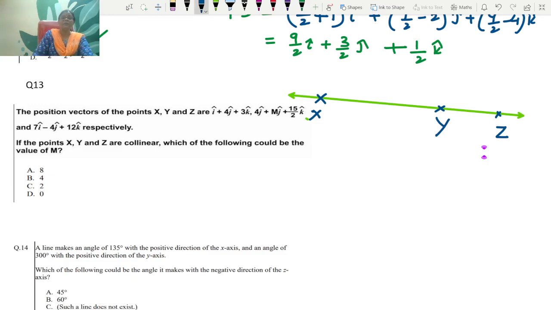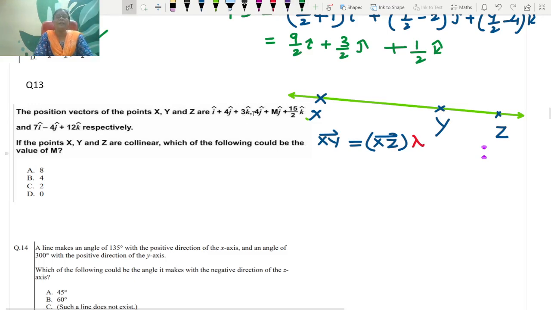In the previous question I have explained that two vectors are collinear: xy is collinear to xz, therefore they will be proportional. Proportional means we'll multiply by some lambda, their components are proportional. So let us write down the xy vector.